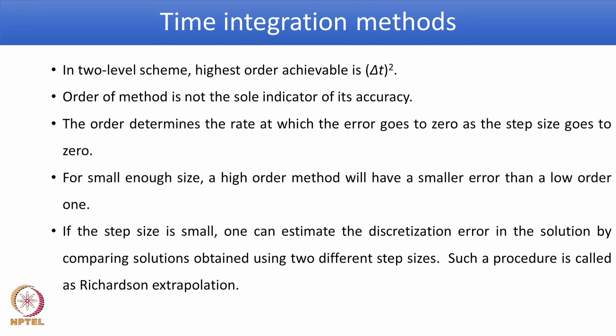If the step size is small, then one can estimate the discretization error in the solution by comparing solutions obtained by 2 different step sizes. So, it is possible to get an idea of the error in the new delta t, and that procedure is what is known as the Richardson extrapolation procedure.